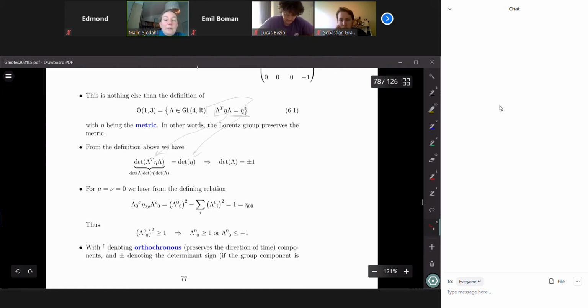And now if we recall the form of eta, we recall that we have a 1 for the 0, 0 component. So then we have lambda 0, 0, lambda 0, 0. So we have lambda 0, 0 squared. And for spatial components, we then have a minus sign, and then we have lambda 0I squared.